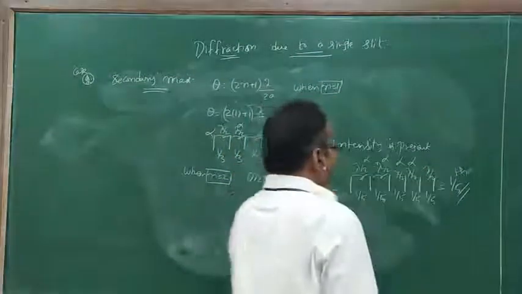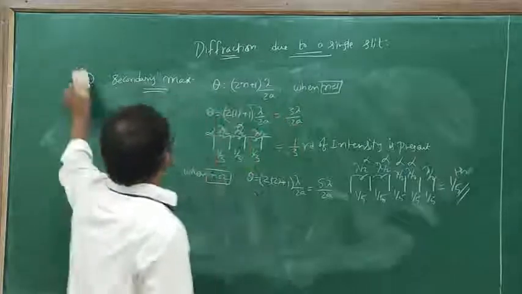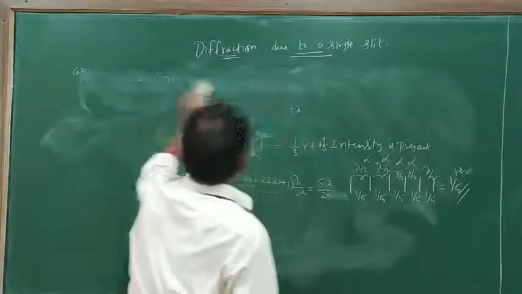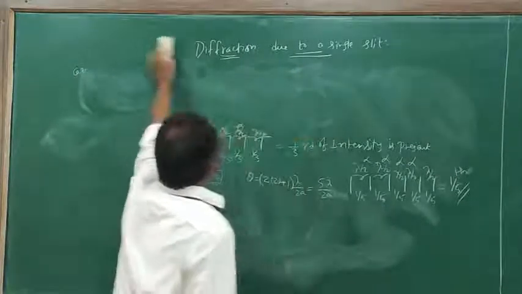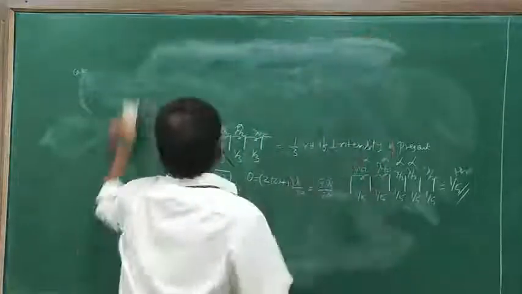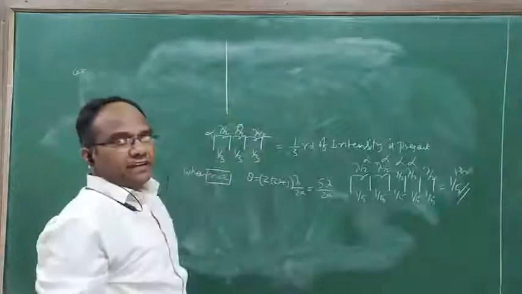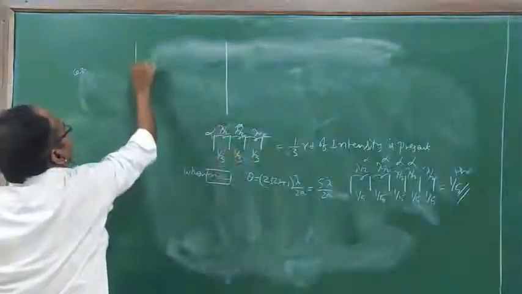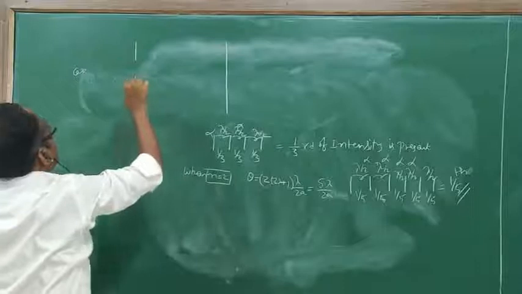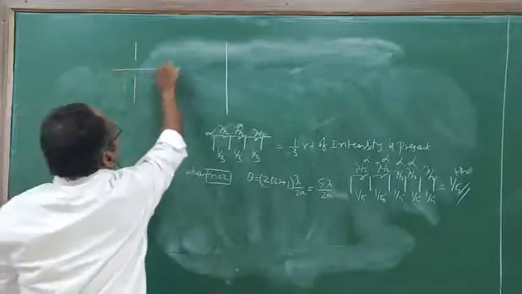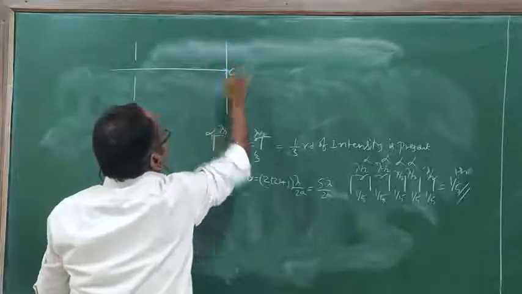So here, when the source of light is passing through the screen, from the slit the light ray is passing. When the light is passing through the point C, what happens?